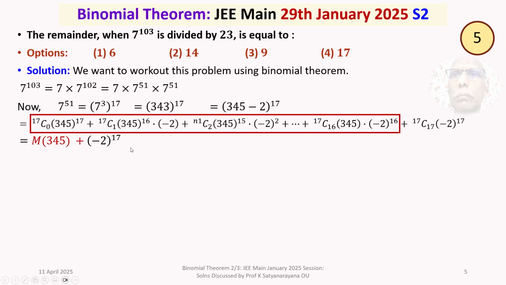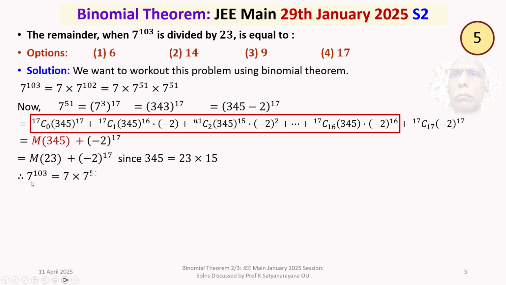Agreed. And now a multiple of 345 is the same as some multiple of 23. Why? Because 345 is 23 times 15. So a multiple of 345 is some multiple of 23, plus minus 2 to the power of 17.